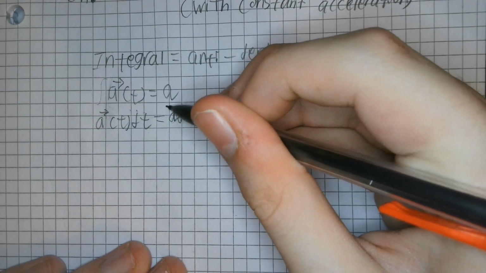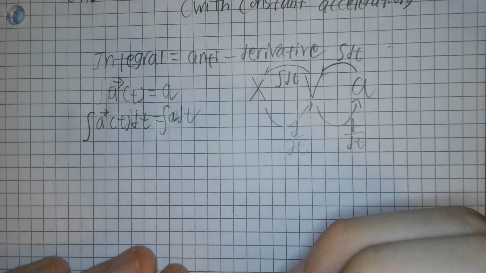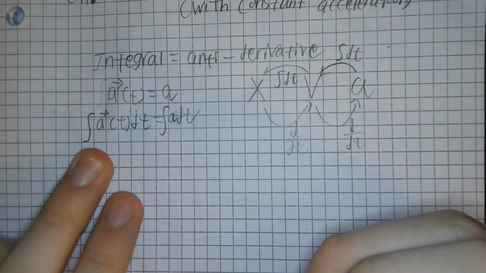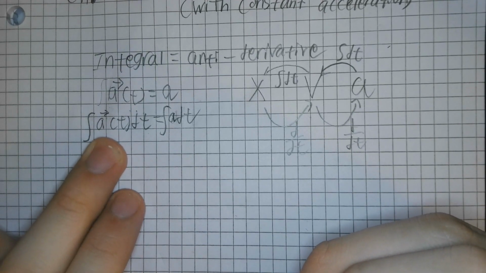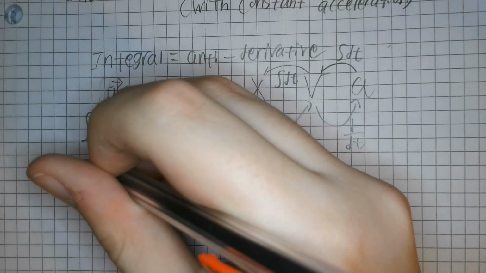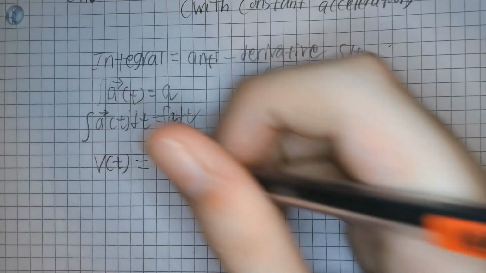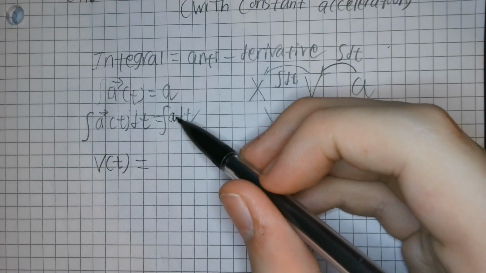And I'm going to integrate both sides with respect to time. And well, we already said that the integral of acceleration with respect to time is going to be velocity. So we can just write this as velocity as it depends on time. And this time velocity really will depend on time.